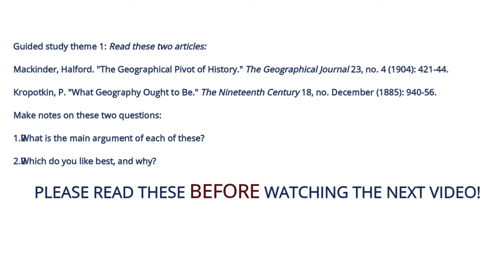And the second, which do you like best and why? Now, as you read them, make notes. If you write it up on a computer or on paper, that's fine. Put the full bibliographic details at the start, the reference, as you can see on the screen here, and then make notes throughout the article, and then reflect on these two questions and make notes on them. What is the main argument of each of these? And which do you like best and why?